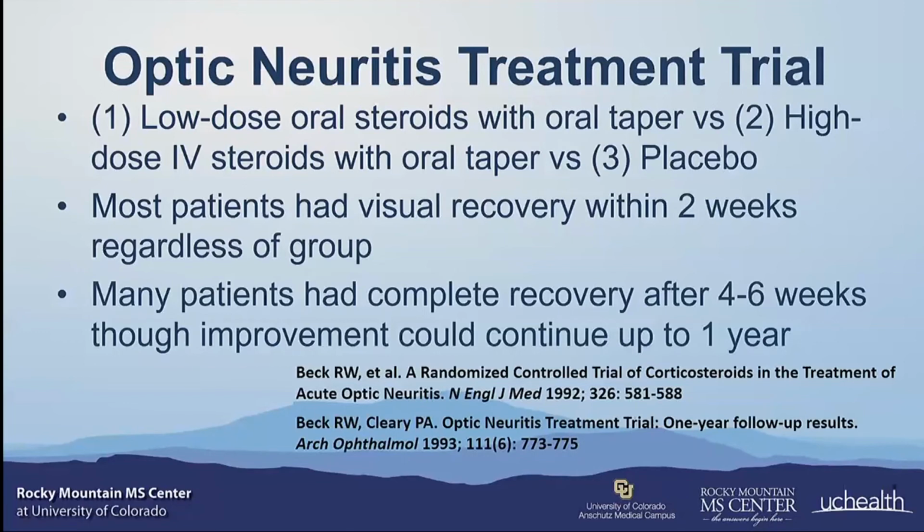The upshot was actually, regardless of group, many patients experienced recovery of their visual symptoms within a couple weeks. And after 4 to 6 weeks, most patients did have a good recovery, although you could still see improvement all the way up to a year.